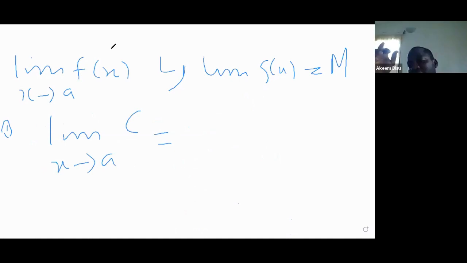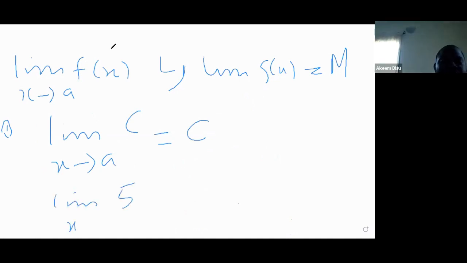Our C here means constant. The limit of a constant will give us the constant. For example, limit of 5 as x tends to 2 will give us 5. Is that clear?